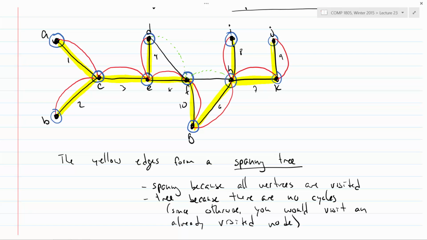The nice thing is that regardless of how many edges there were in the original graph, which could be as many as about n squared, in the spanning tree you only have n minus 1 if there's n vertices. And the nice thing about spanning trees is they still capture how to get from one vertex to another vertex.